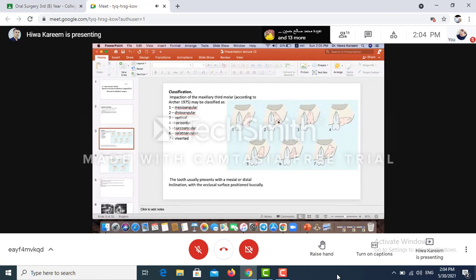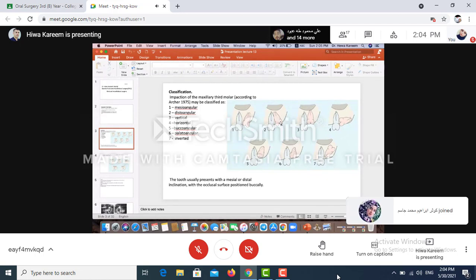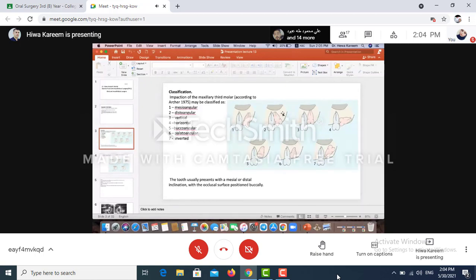This one is easier for extraction because this area is maxillary tuberosity, with less density, and it does not need much bone removal during the extraction. So in the upper, disto-angular is easier for extraction.